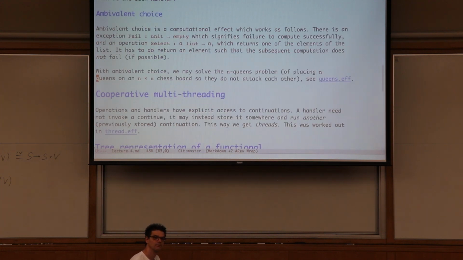Okay, should we look at another one? Let's do cooperative threads. Threads, I think, were the motivation for putting effects into multicore OCaml. Because it's multicore, you have different threads running at the same time. And whenever you have threads running at the same time, you face the question of how do I schedule them?